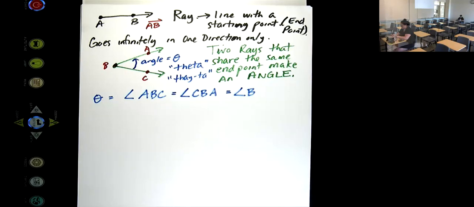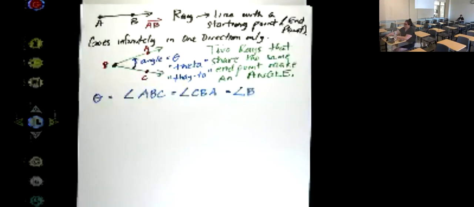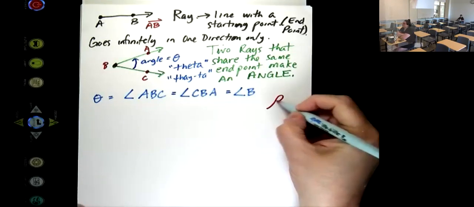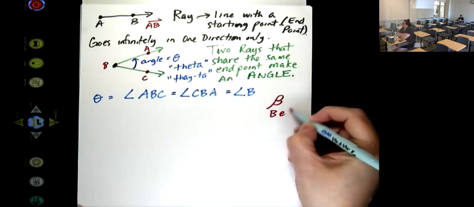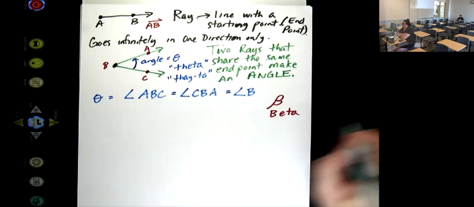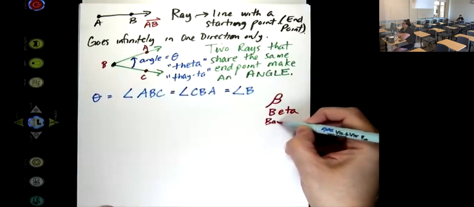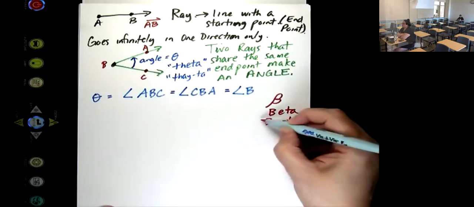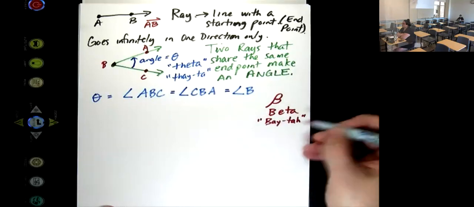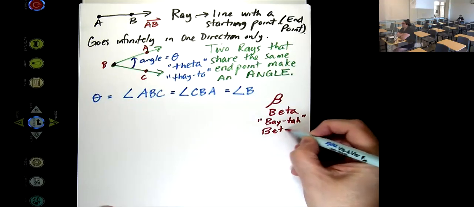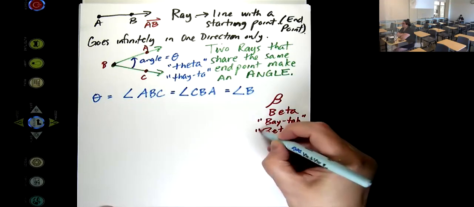Now, this is a fun story. Has nothing to do with it, but it rhymes with theta. That is this word right there. Most Americans pronounce it beta. It's pronounced beta. It's the real way.